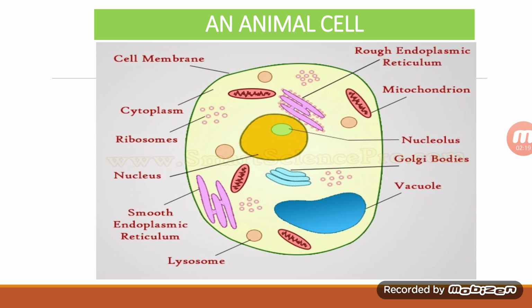And in light blue they have represented Golgi bodies, dark blue vacuole, lysosome somewhat light brown in color, likewise small dotted structures as ribosomes. So now you know that the cell organelles are generally present inside the cell, whether it is an animal cell or plant cell. So let's proceed with it.